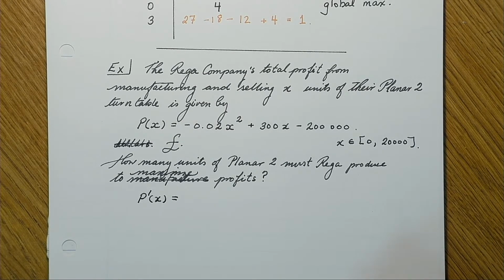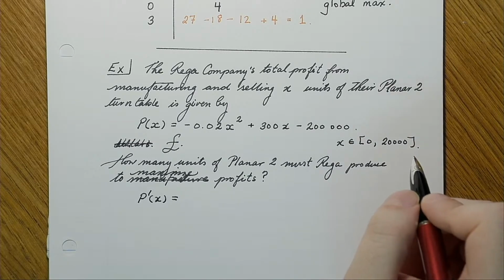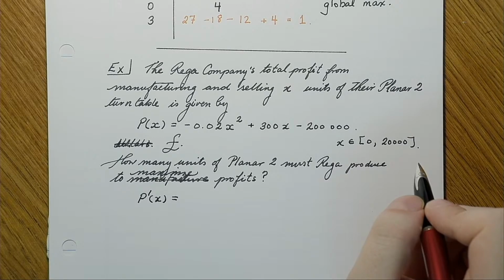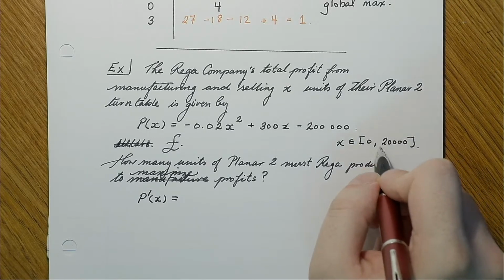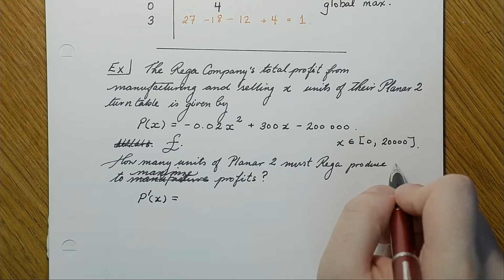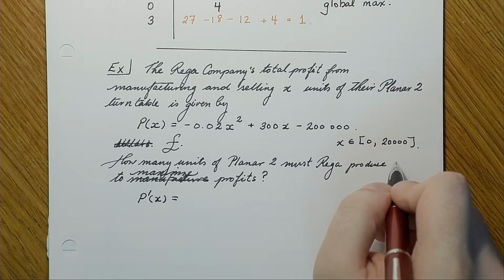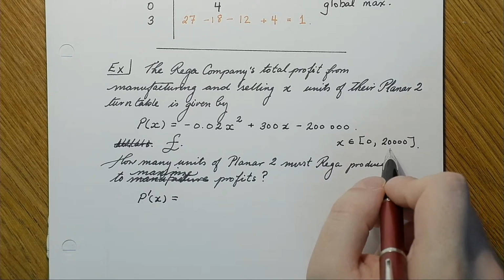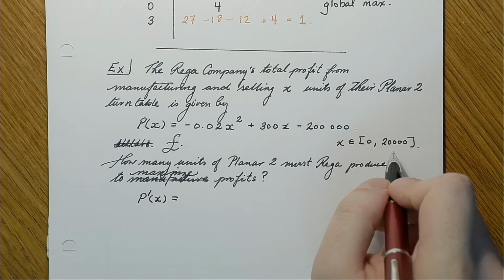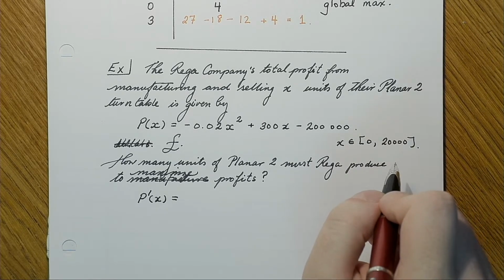So we can, did you forget a 0? Should it be 200? No. Oh, you mean over on here? If they're making 200,000 turntables, that's a lot.